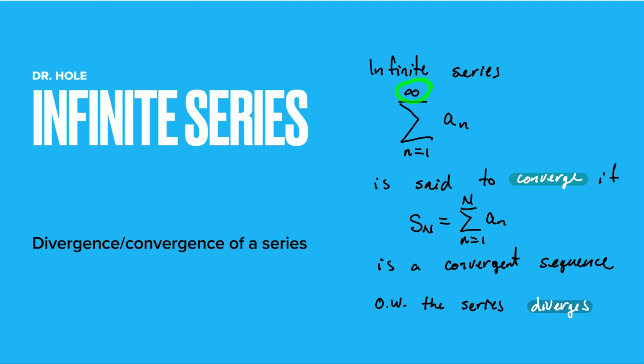Instead of taking all infinitely many, we approach infinity in a limit. So we want to watch what happens as capital N goes out to infinity. Is this sequence a convergent sequence? If it is, then the series converges. If the partial sums do not converge, then the series will diverge.